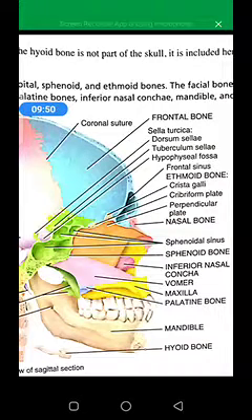Then there is the vomer. Then there is the maxilla at the upper jaw, the palatine bone, and the mandible. These are present in the front, the facial bones, when you divide the cranium into two.